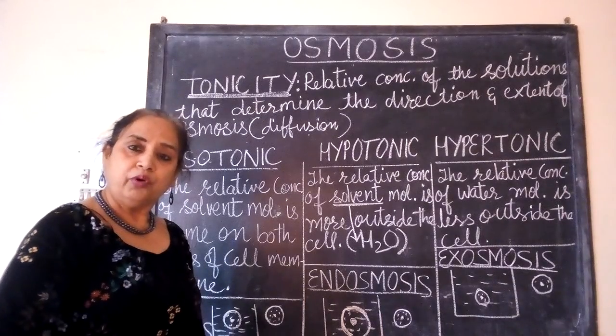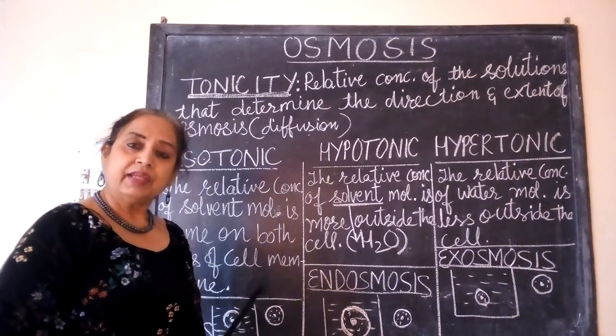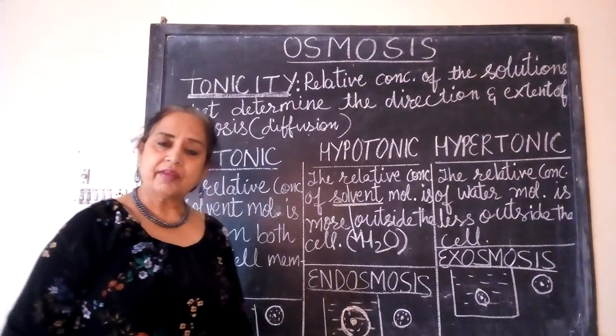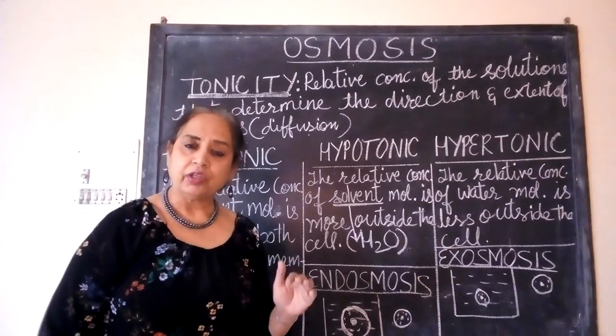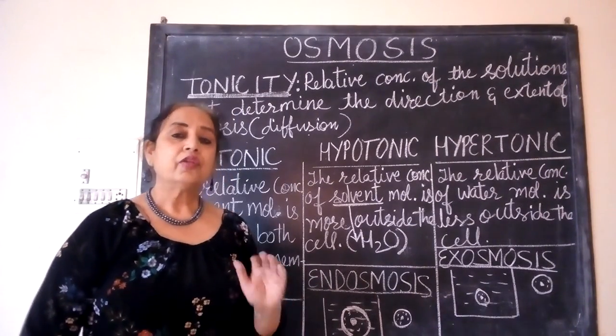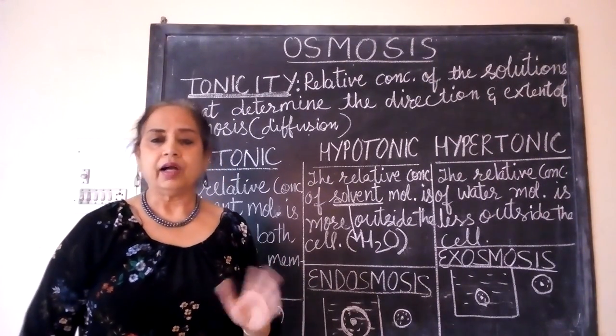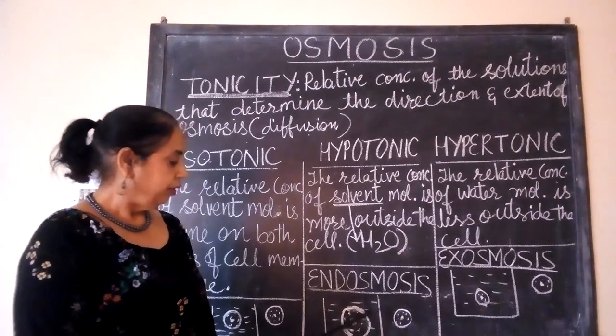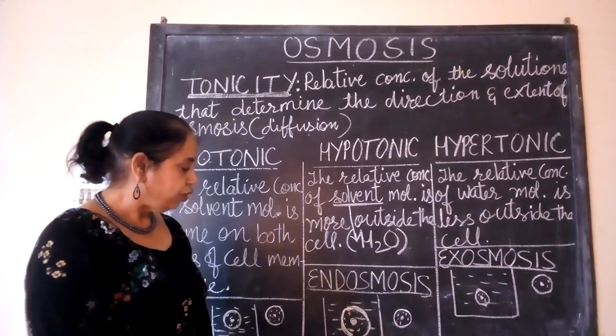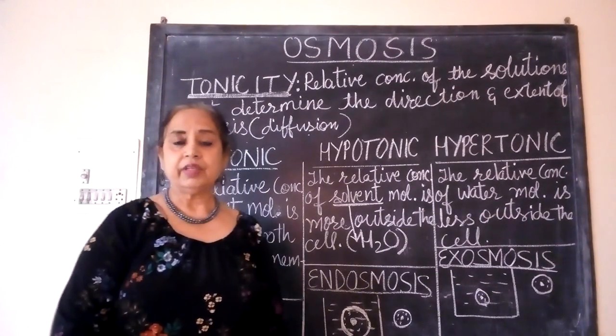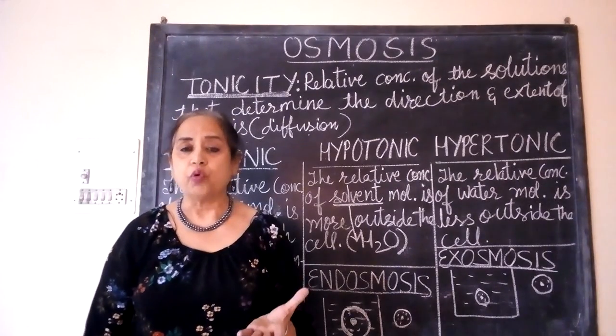Here, as both the mediums inside the cell and outside the cell had the same water concentration, we said both are isotonic. Here, when we put it in a solution, we observe that the cell has now become swollen.